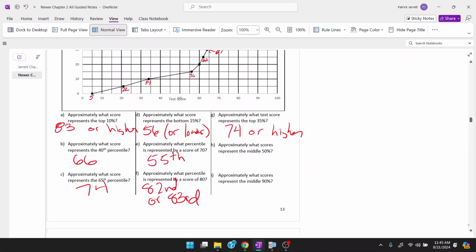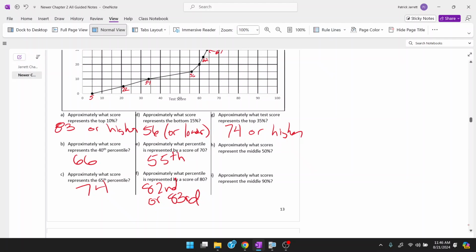It's easy. One thing I like about these ogive questions is that in C and G, top 35% and 65th percentile, I get the same value. I'm asking the same question two different ways.